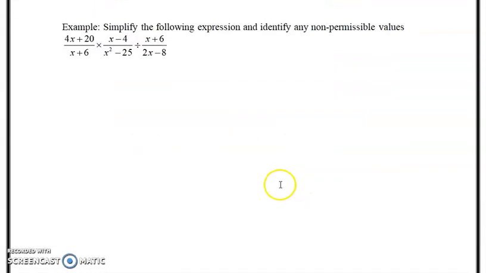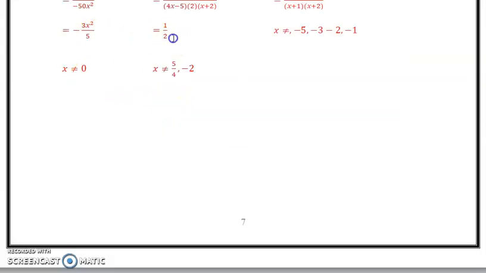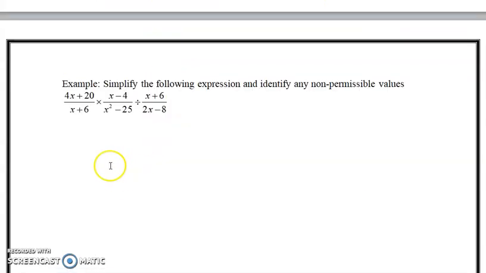And the last one that's going to go with the dividing is, it says simplify the following expressions and identify any non-permissible values. It looks difficult, but there's just a few different things happening here. It's not too bad. Okay, so the first one, what we're going to do is we will factor out 4.